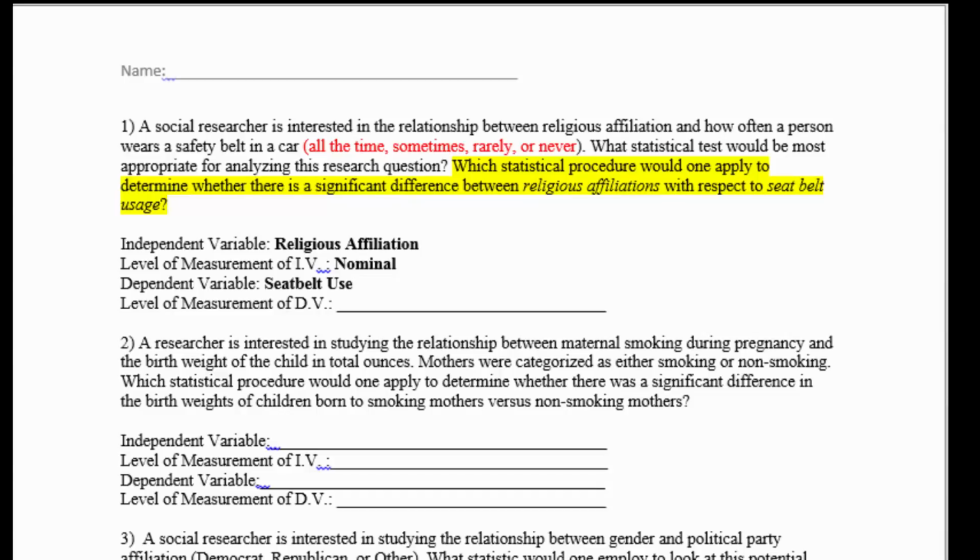Rarely is always more than never. However, there's not that equal distance between each of the answers. The answers are somewhat subjective. So if a variable is measured with categories that go in order but don't have equal distance or can be somewhat subjective, then that variable is measured at an ordinal level of measurement.